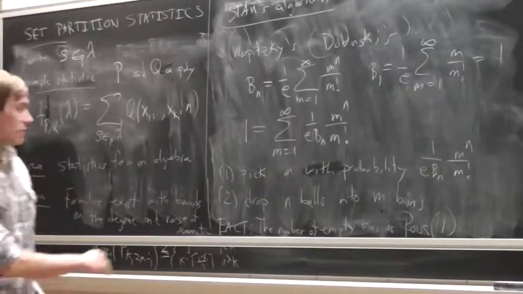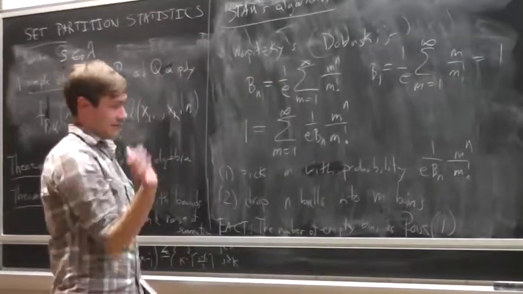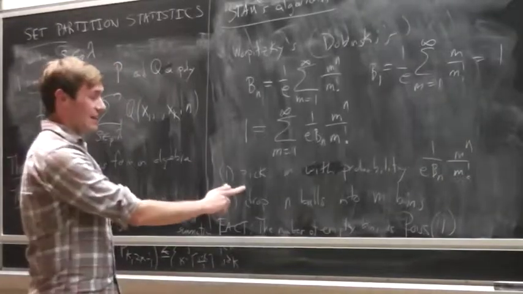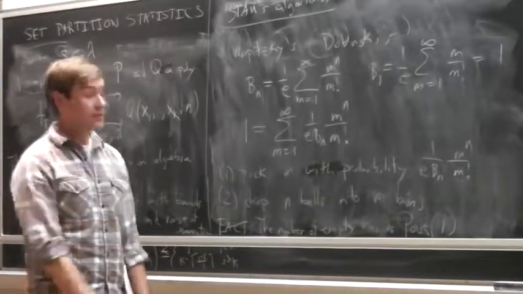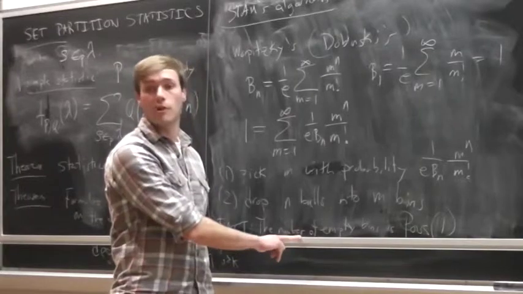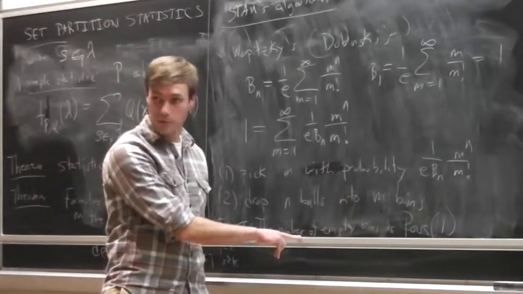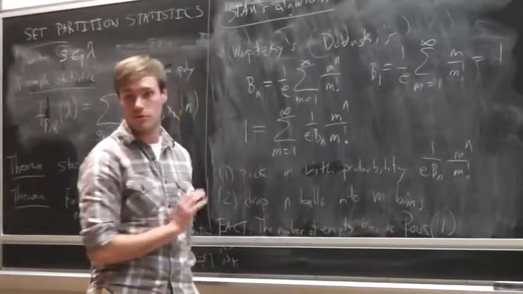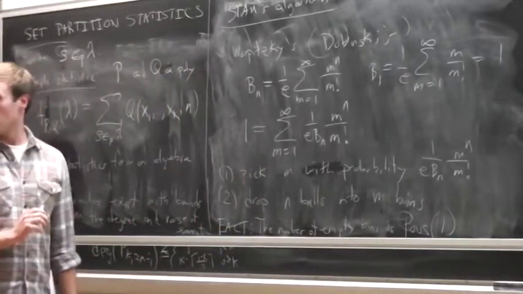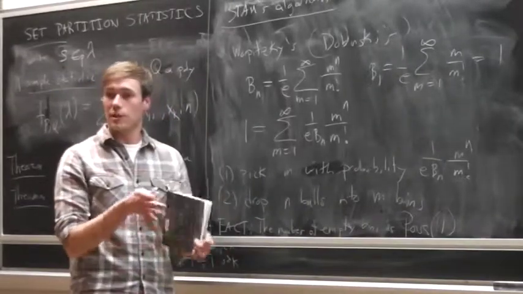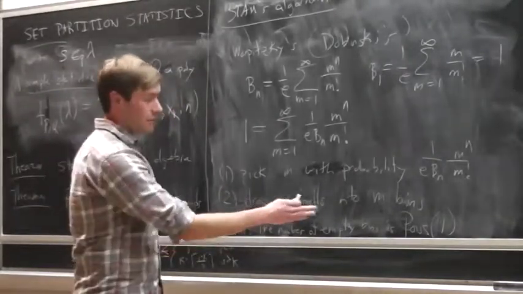Okay, so if you want to prove anything, and you can prove a lot this way, you first fix m. M is basically going to be the number of blocks in your partition. That's a classic problem. We understand how the number of blocks is distributed. But now, to figure out what values are actually inside your blocks, you're just dropping balls into bins.